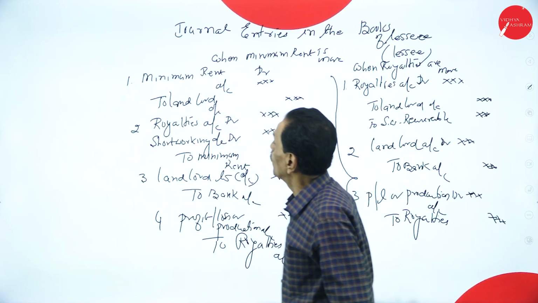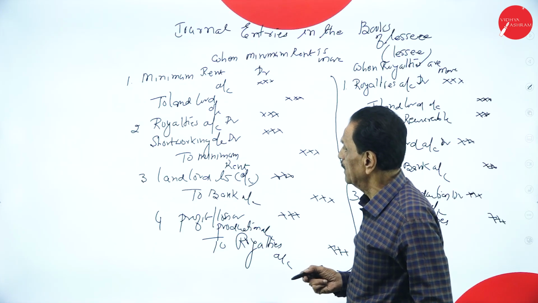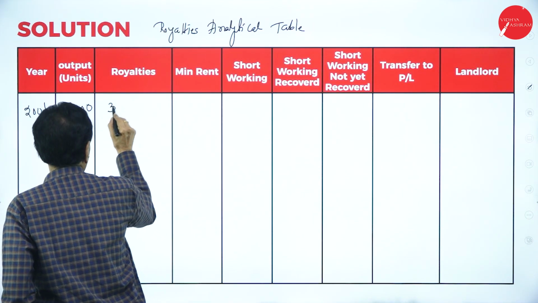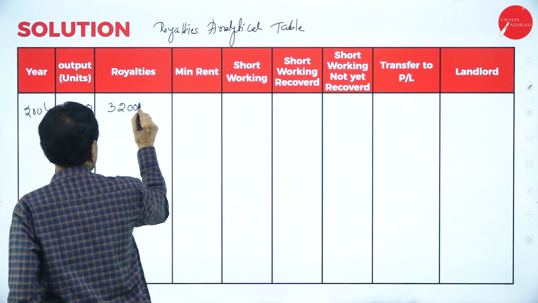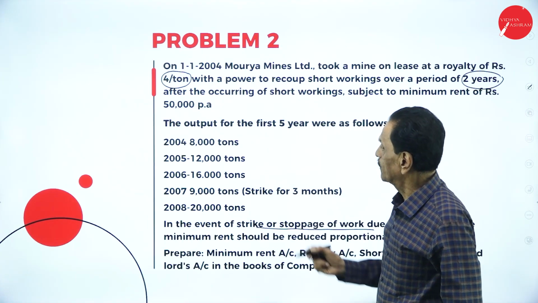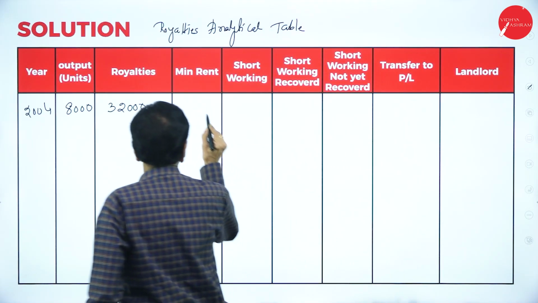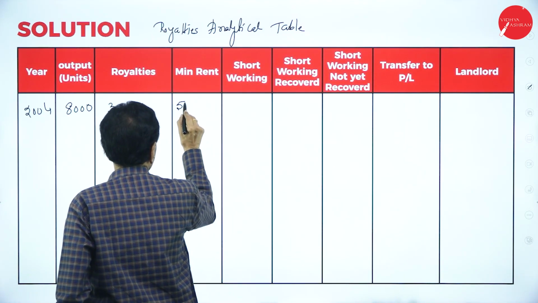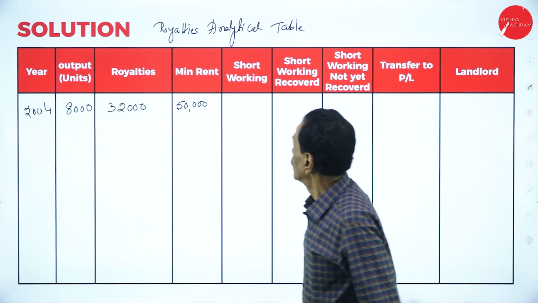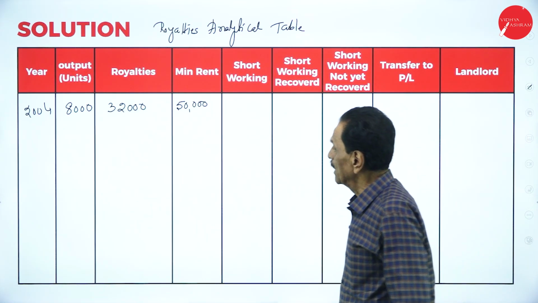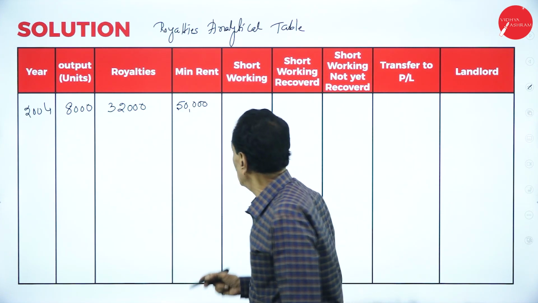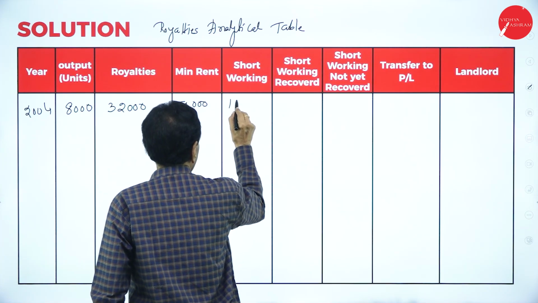Royalty per ton, how much? 4 rupees per ton. 8,000 into 4, 32,000, with a minimum rent of 50,000. So how much short working? 50,000 is going to be paid. Real royalty is 32,000. How much shortage? 18,000.